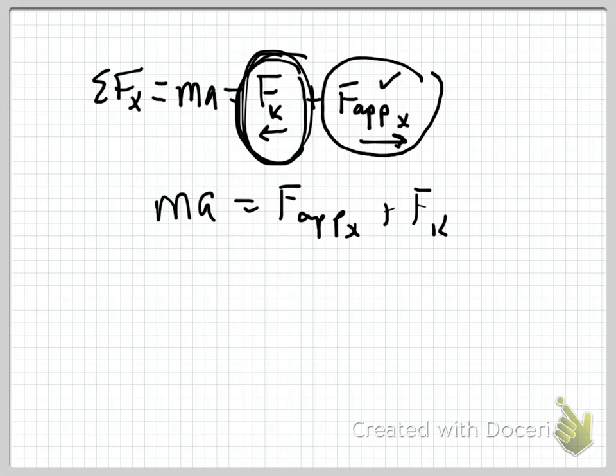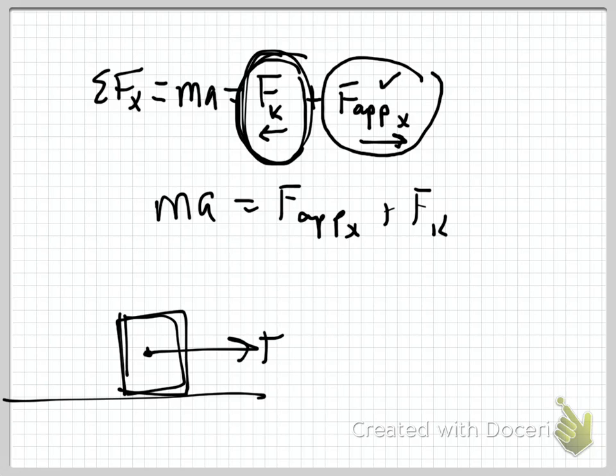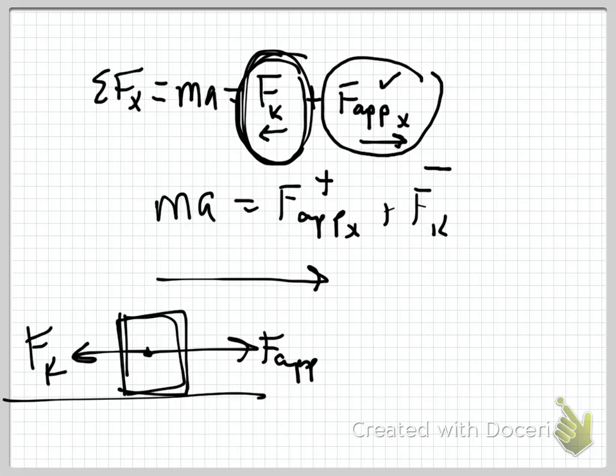But in terms of applying the picture to the math, we know that the force applied is this direction, and we are told that it is moving. We know that the force applied is greater than the force of kinetic friction. And if we want our acceleration, we know that our acceleration is going to be in this direction. So we want to make this a positive number and this a negative number.